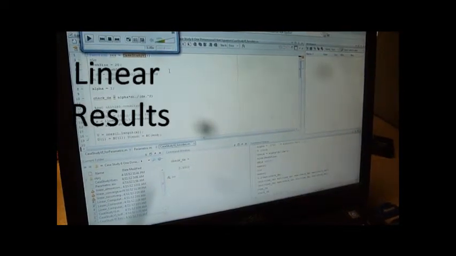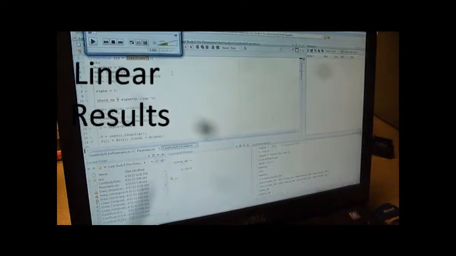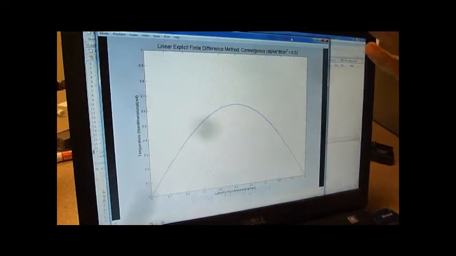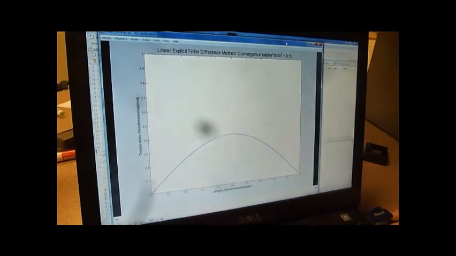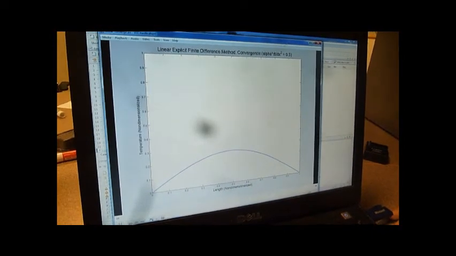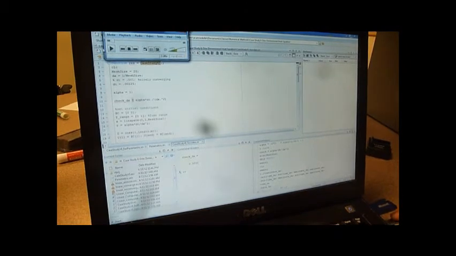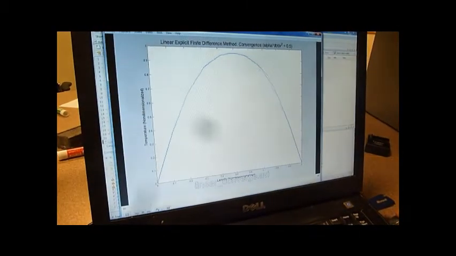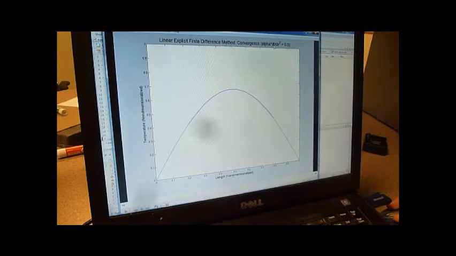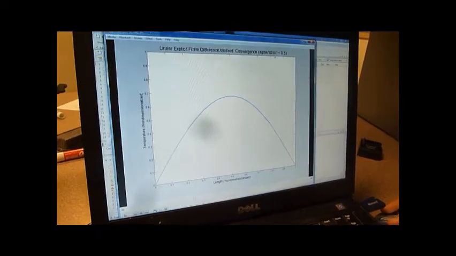So for the linear case, here's an example of a nice converging plot after giving the initial conditions. You can see it's very smooth, relaxing, and the reason it converges is because what I'm calling the convergence factor is 0.5, which is alpha times dt divided by dx squared.